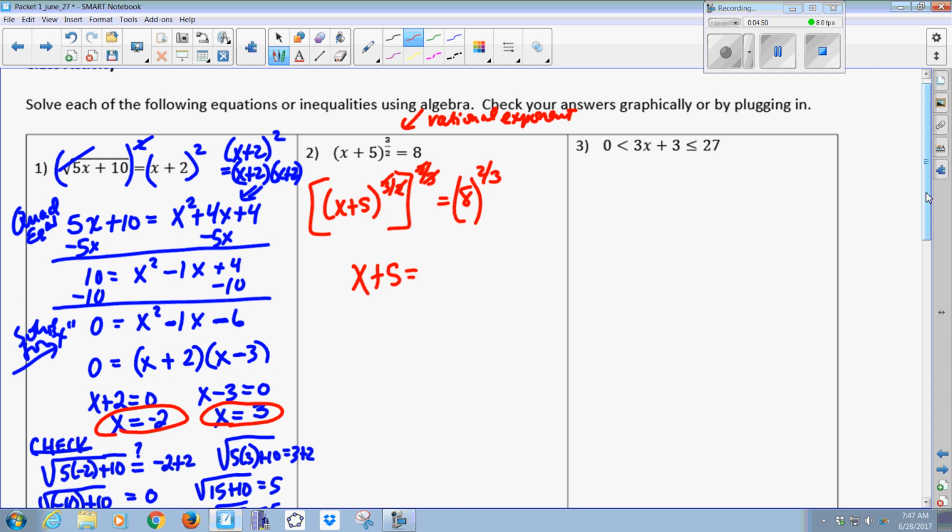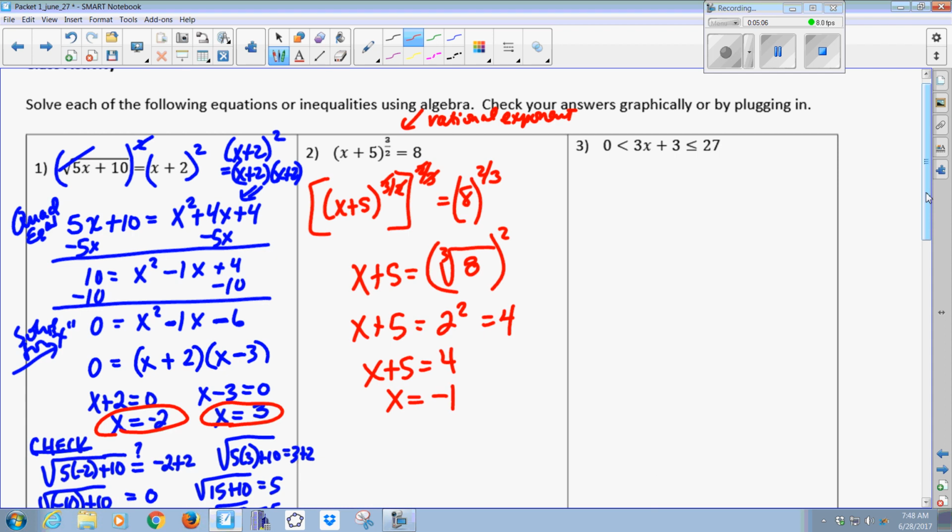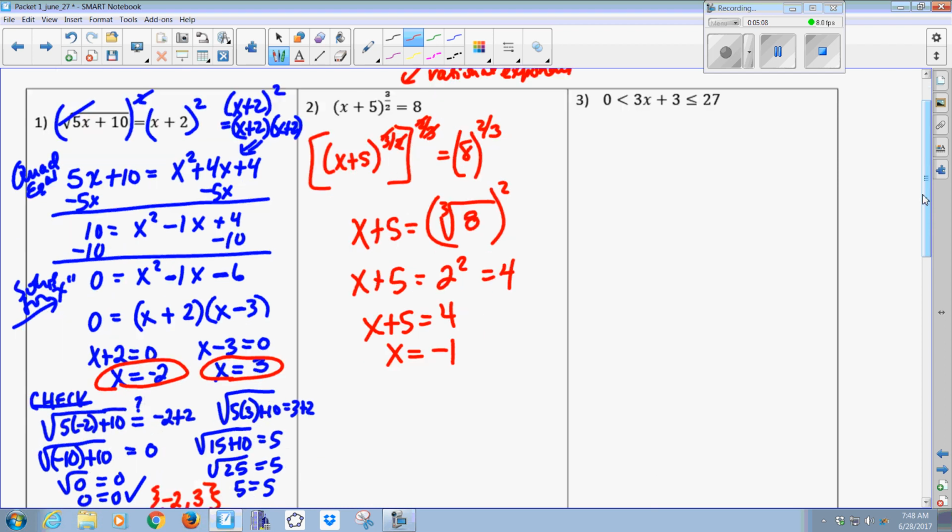The right side is the cube root of 8, the whole thing squared. That gives us 2 squared, which is 4. So x plus 5 equals 4. One step: we subtract 5 from each side and we get x equals negative 1. Let's check that. Go back to our original equation.